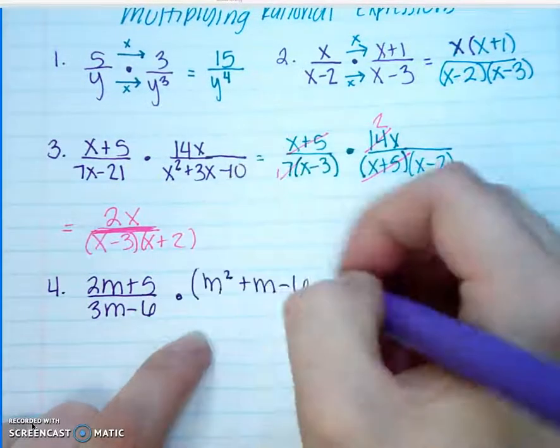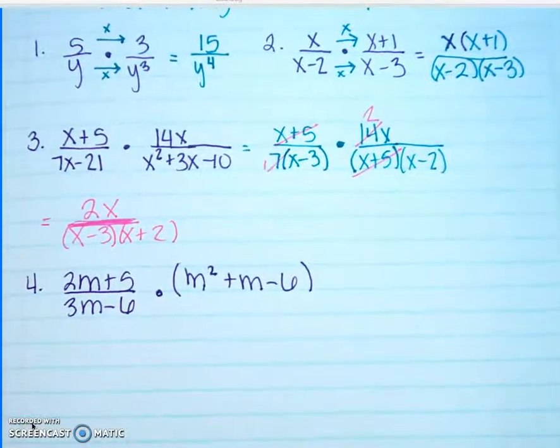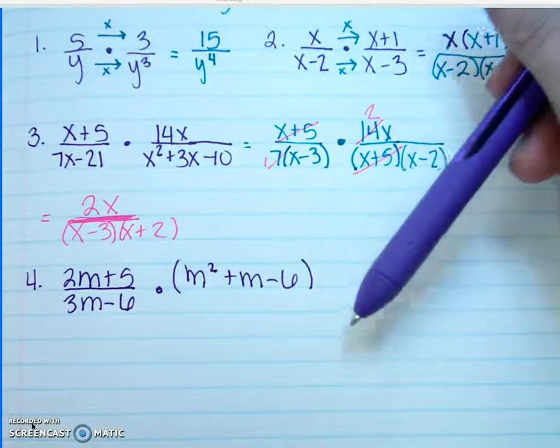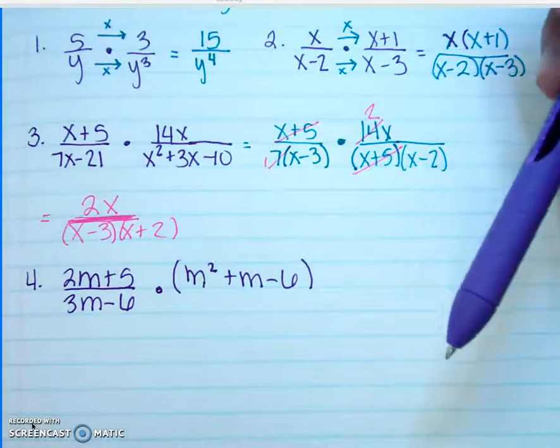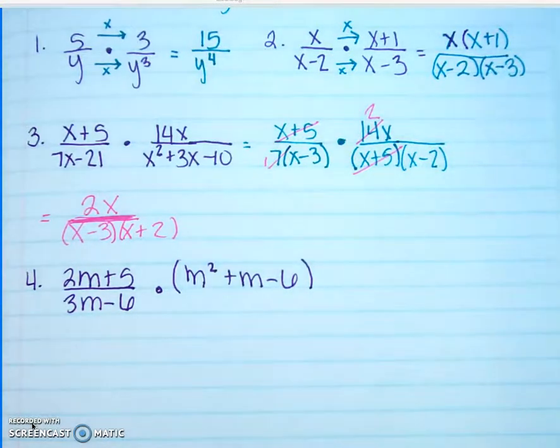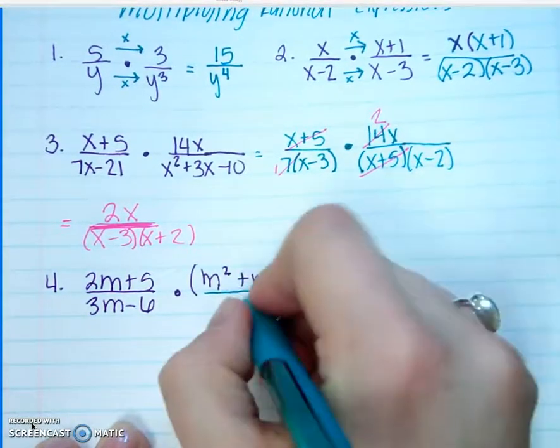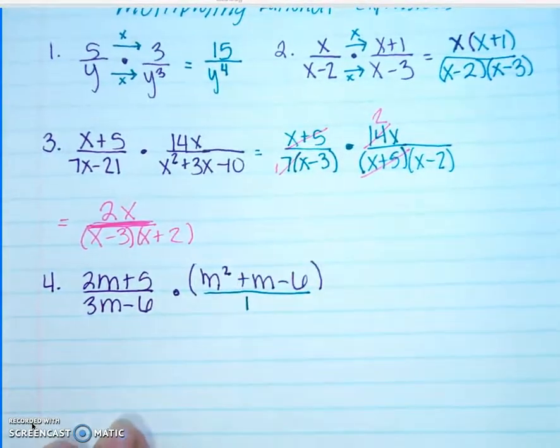Most of the time you'll see this in parentheses. The only reason for that is that because it's not on top or bottom of a fraction, they just want you to know that it's all together. To solve this, I'm going to put that trinomial over 1.